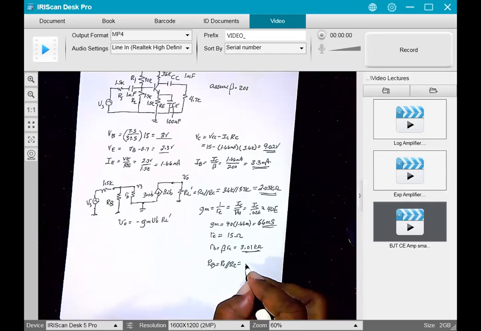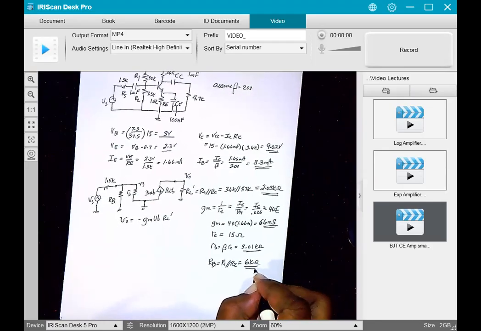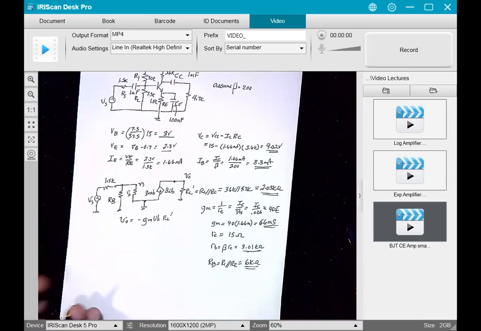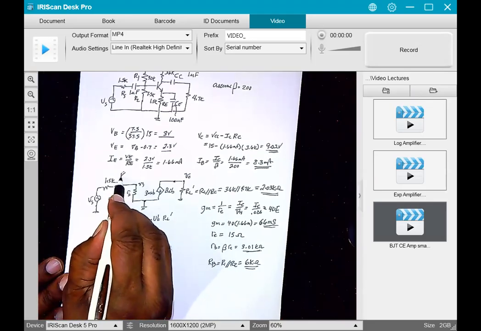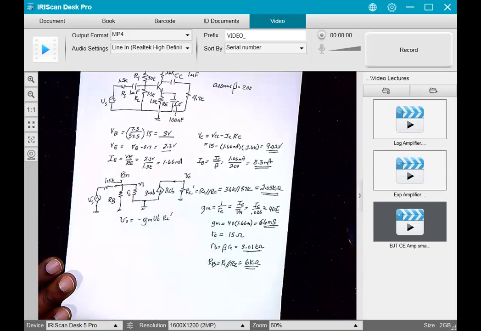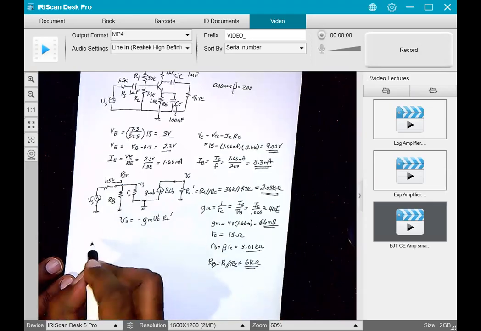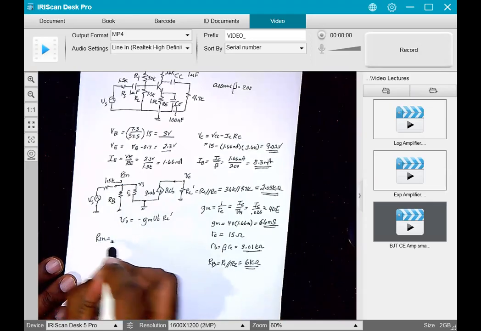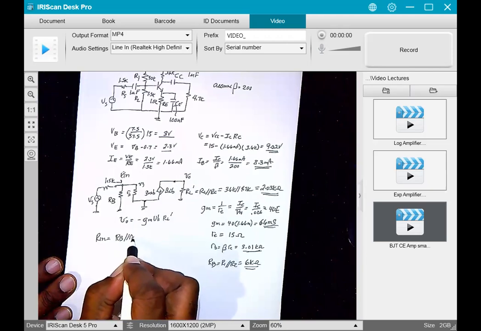Looks like about 6K. Okay. So now we can find our input impedance, our RN. Our RN is just big RB in parallel with little RB.